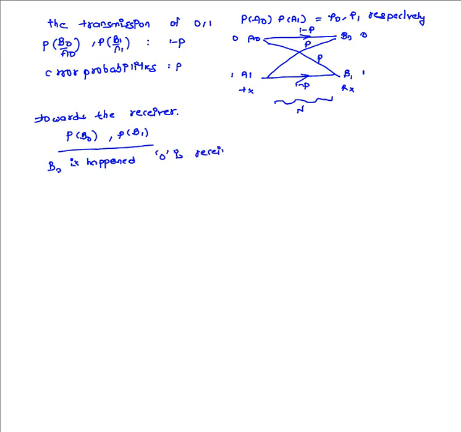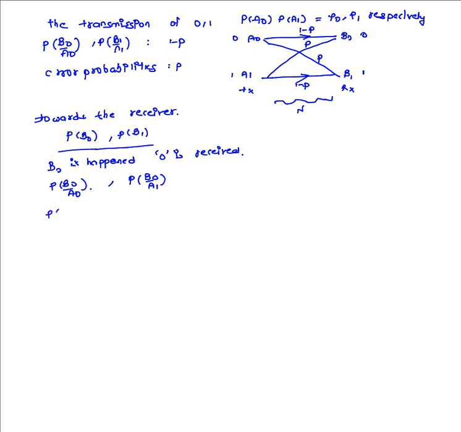So 0 could be received when 0 was transmitted, which is given by P of b naught divided by a naught, and 0 could be received when 1 was transmitted, which is indicated by P of b naught divided by a1.